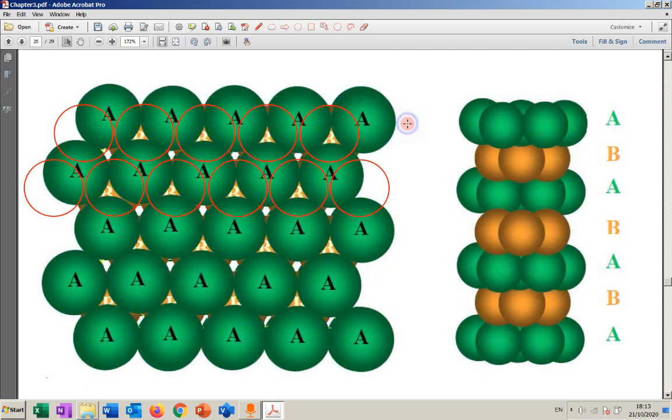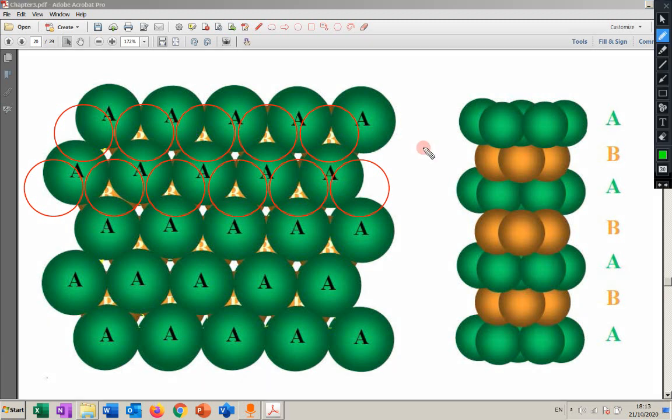Now, in order to continue, we're not gonna put atoms over here, we're gonna put them again over the same layer. The second time, we're gonna put them back in this place here. We're trying to put another atom back on this layer, using the same location as the first layer.